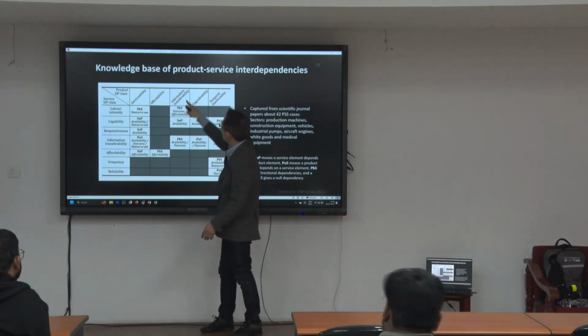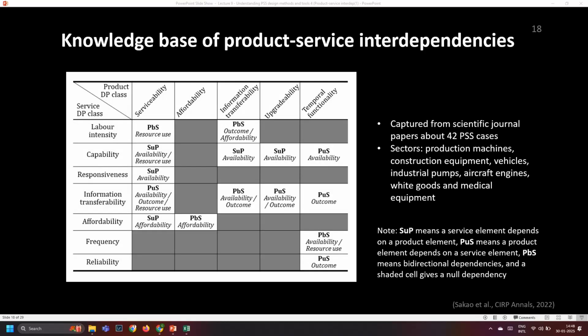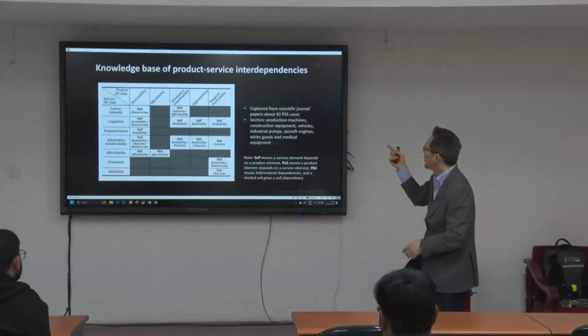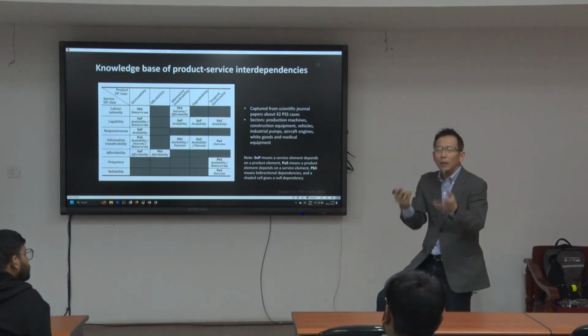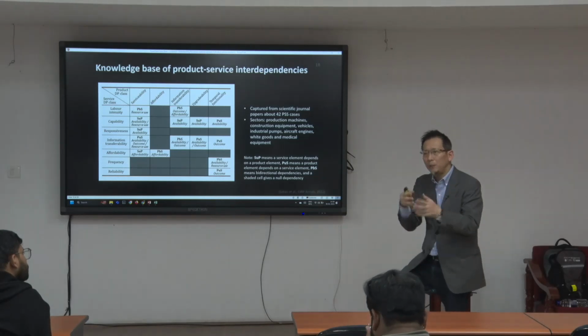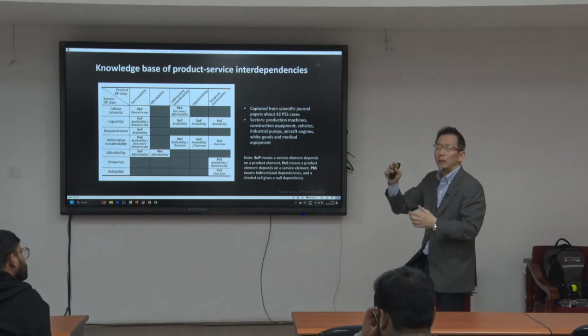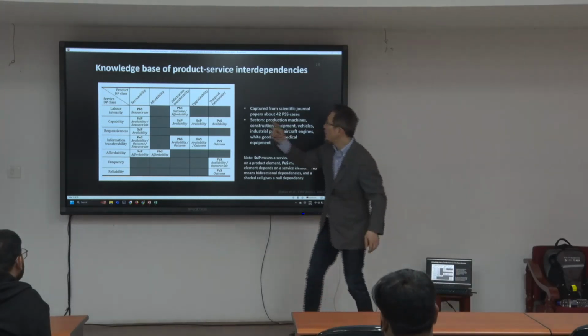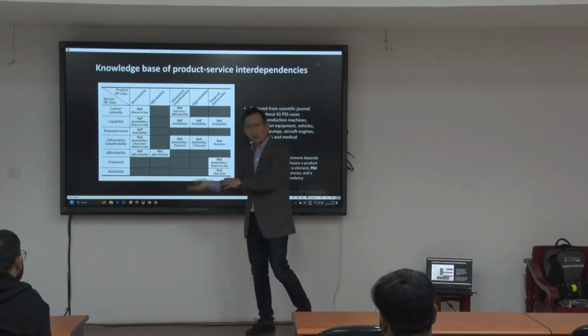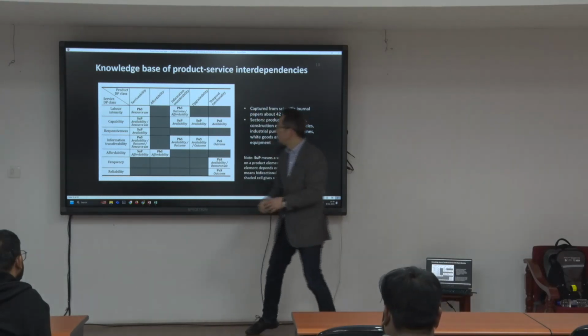Continuing the previous example, what is affected at the PSS level, the overall level, is an outcome, because in that particular case some services can't be executed. Therefore, a certain outcome is not realized on the PSS level. And then it may be affordability in another case of this kind.